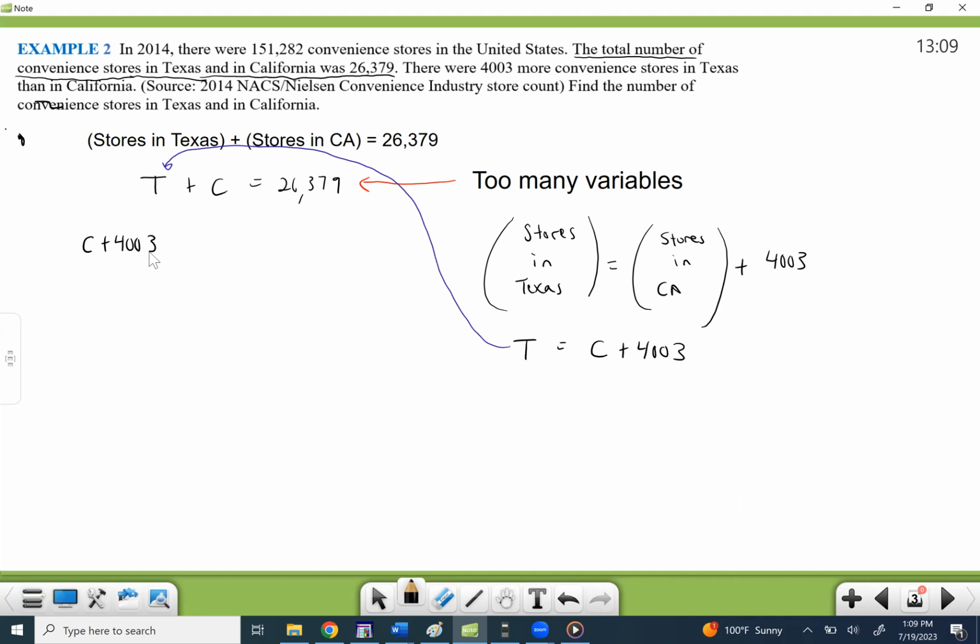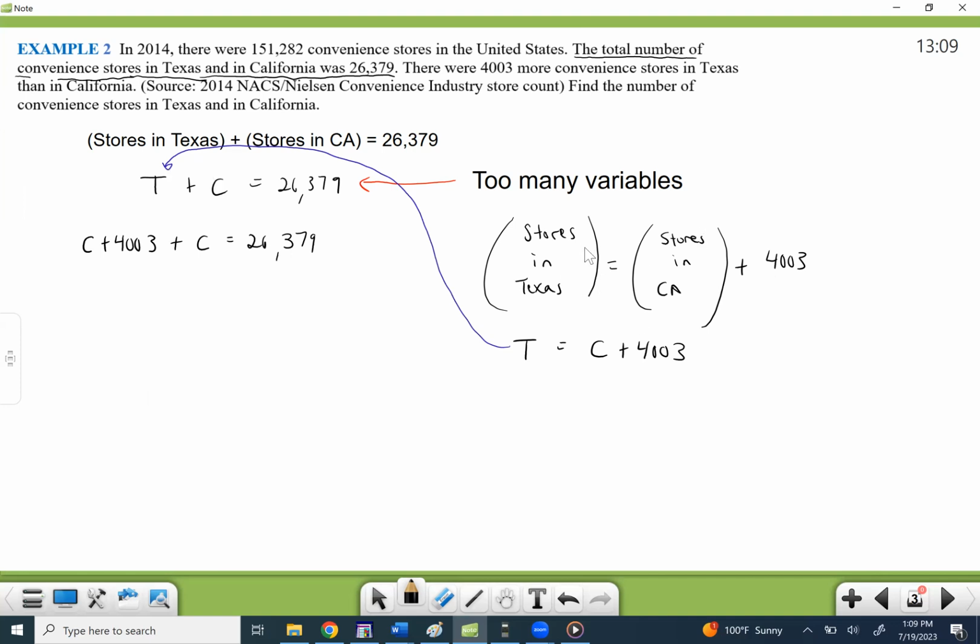But then we still have this C. I'm going to pause, just make sure everybody's with me. Okay. All right, so we know that together Texas and California make 26,379, but we can't have two variables.